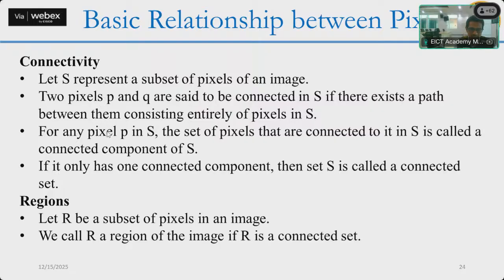One thing is clear: S is a subset of pixels of an image. Now we are bringing the relationship from the individual pixel to the group level.